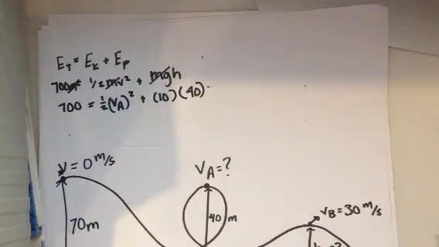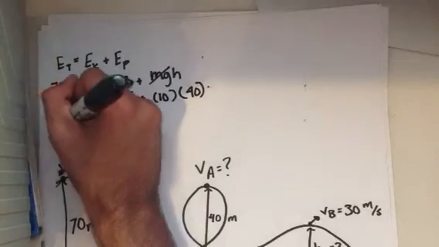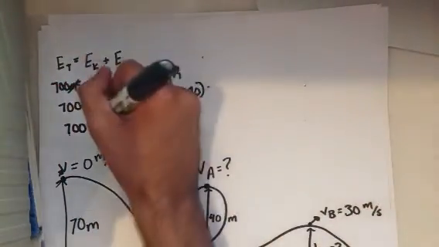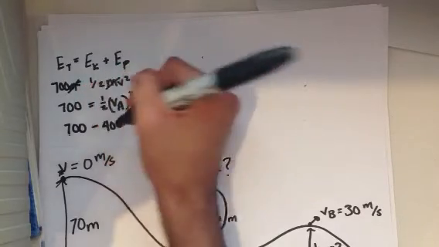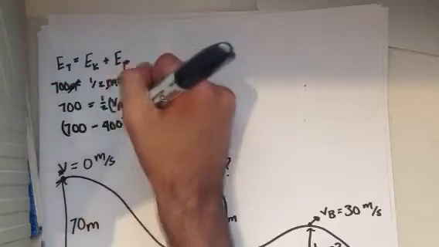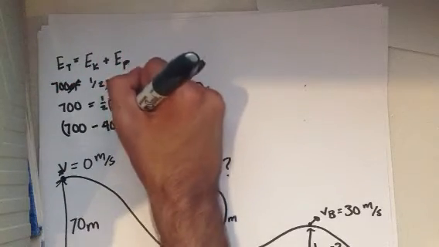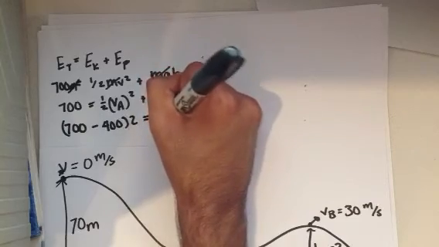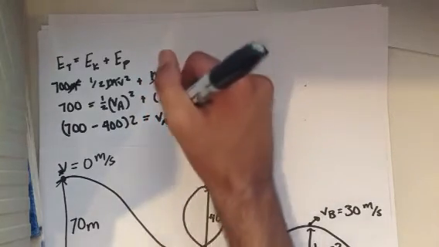Now, simplifying this, we get 700 minus 400, all times 2, equals VA squared.